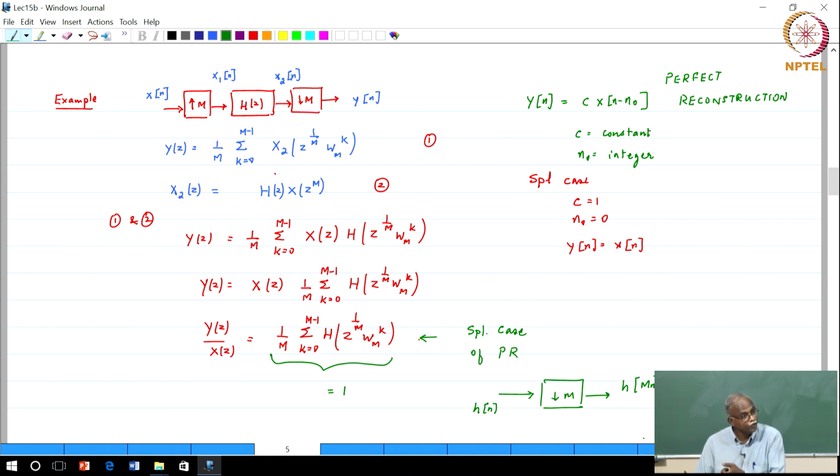This is the 0th polyphase component. So, what it's saying is, this is true if the 0th polyphase component of your filter is a constant. You got it? Several things are getting linked together. Okay. So, basically this expression says that the 0th polyphase component is a constant.